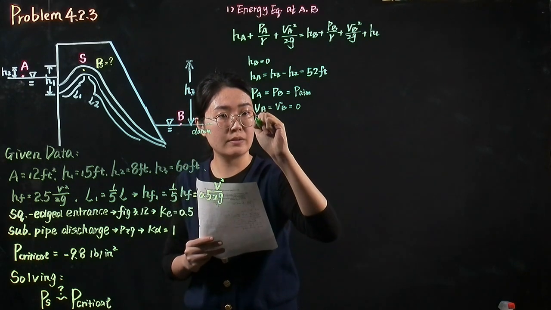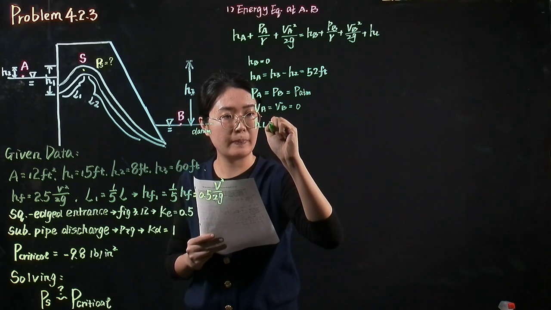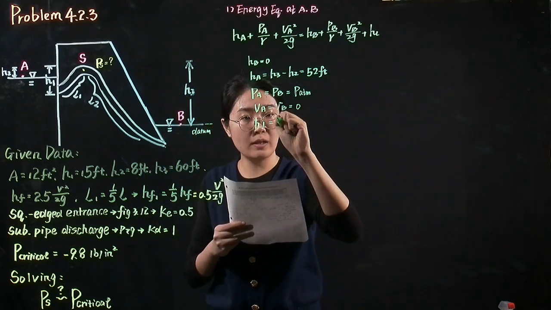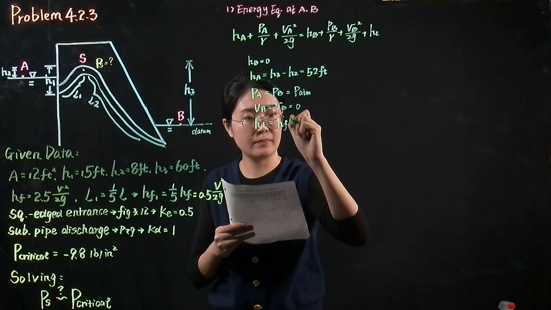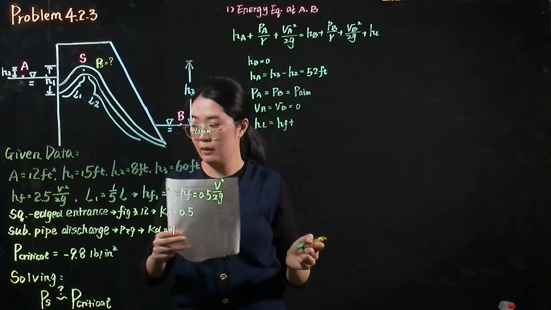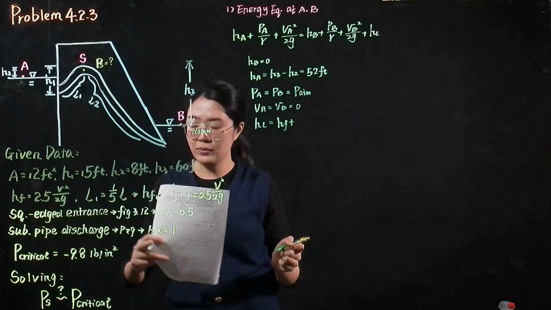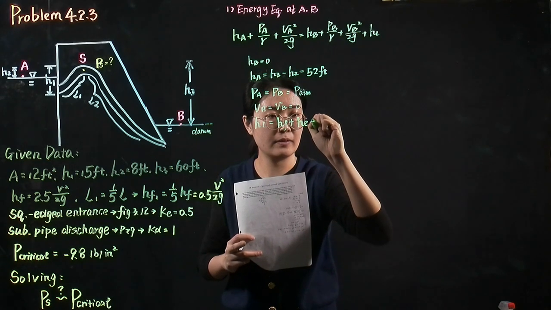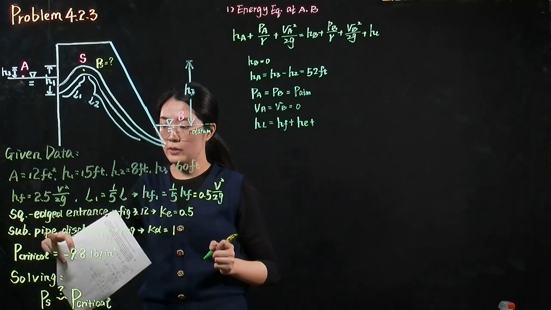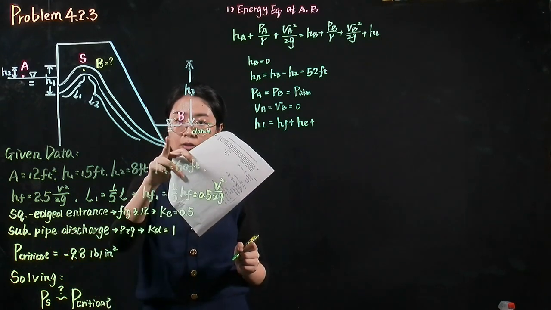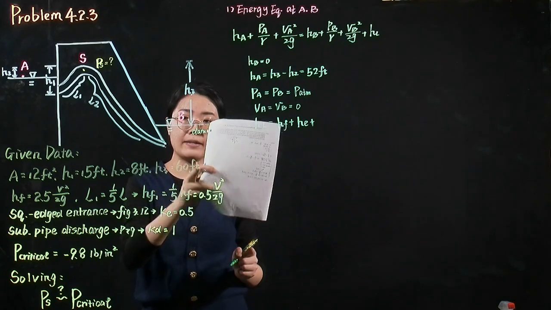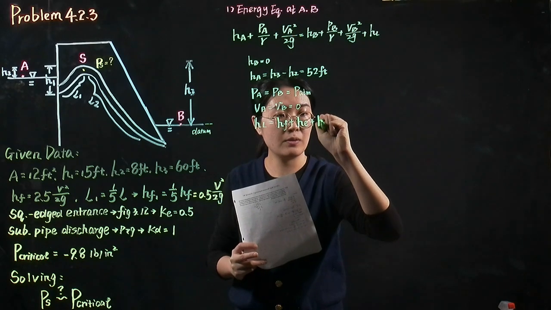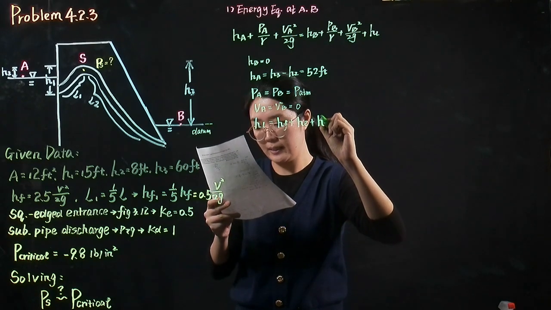And the head loss equals the friction loss plus, because there is a square-edged entrance, an entrance loss, which is HE. And because there is a submerged pipe discharging the water to the reservoir at the downstream, there is a discharge loss represented by HD.